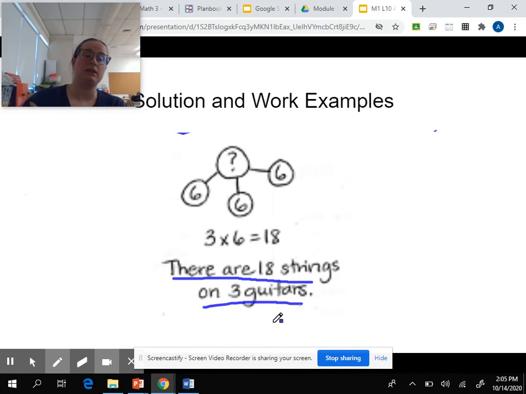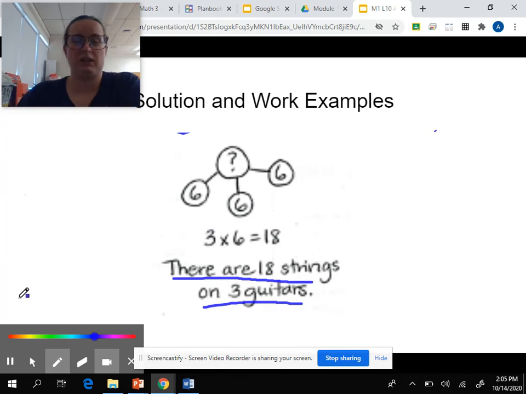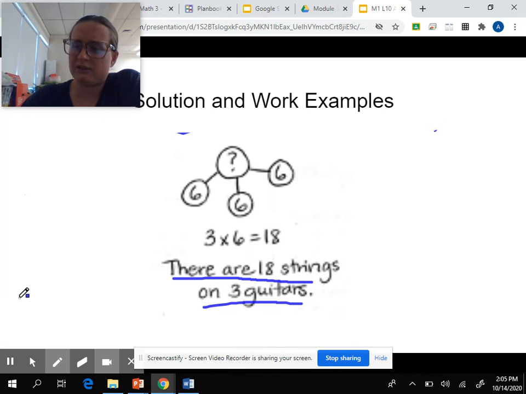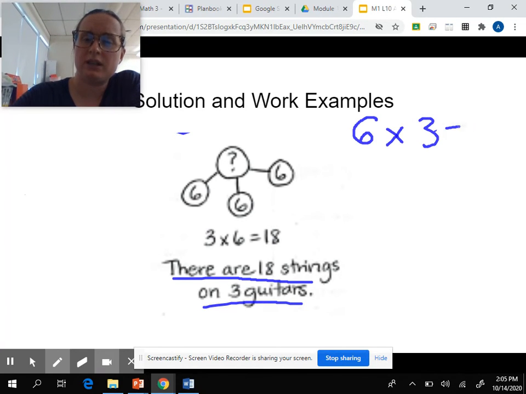This is another way you could have done it. So maybe when I heard 6 strings and 3 guitars, I was like, oh, 6 groups of 3 equals blank.